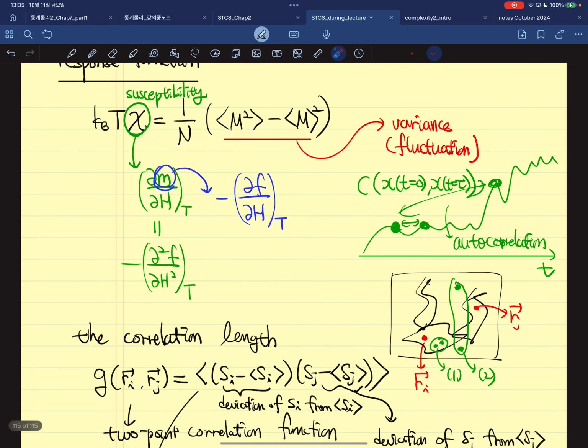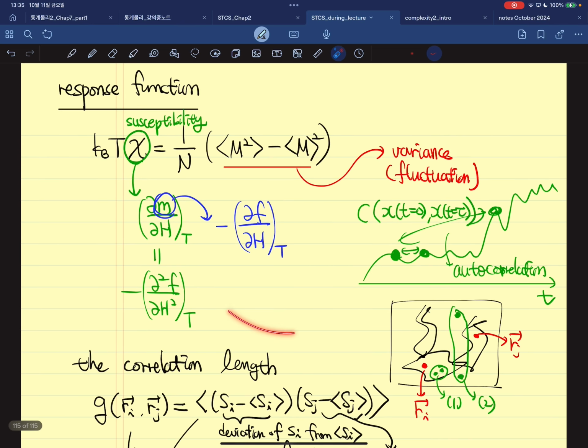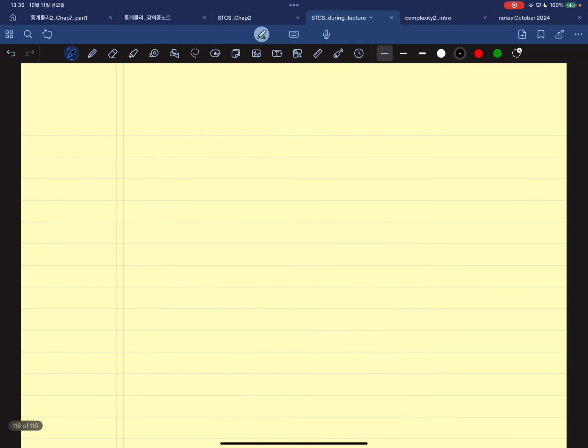Now let's combine these two things. What kind of identity will we get? First, let's start from this fluctuation relation.